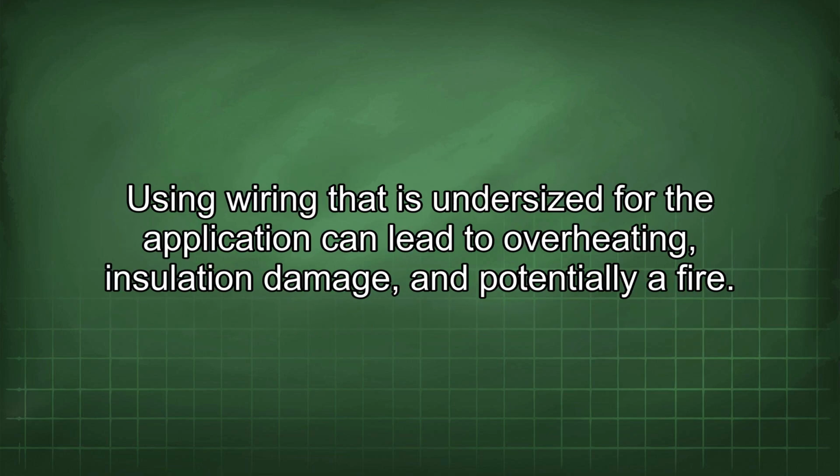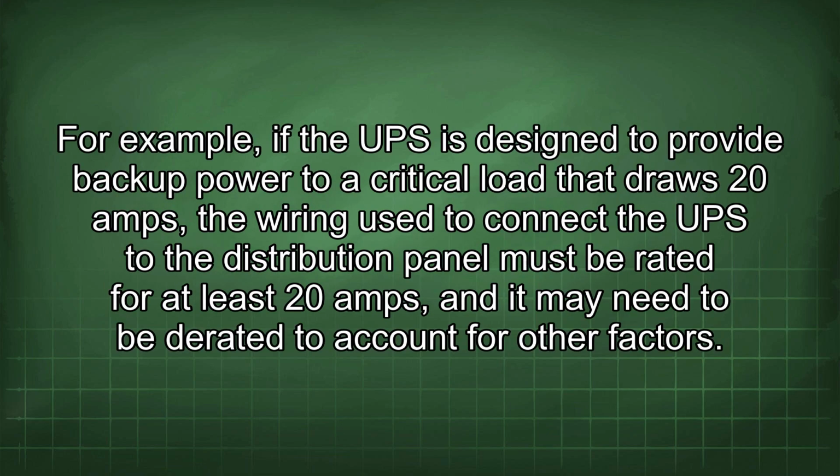Using wiring that is undersized for the application can lead to overheating, insulation damage, and potentially a fire. For example, if the UPS is designed to provide backup power to a critical load that draws 20 amps, the wiring used to connect the UPS to the distribution panel must be rated for at least 20 amps, and it may need to be derated to account for other factors.